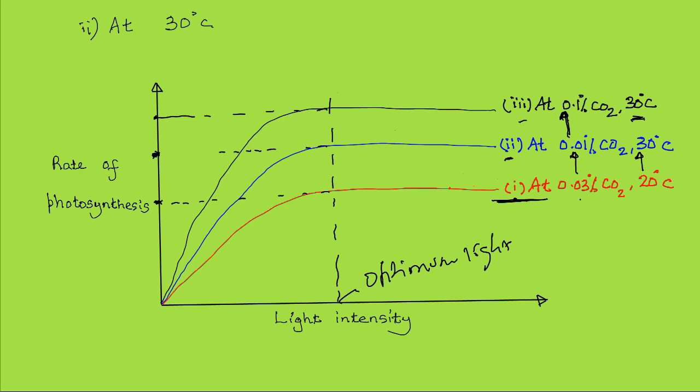But of course there's a limit as to how high we can increase the temperature, because beyond 35 the temperatures will be too high and enzymes that drive the dark stage reactions, that is the carbon dioxide fixation, would be denatured. So there's a limit to which we can increase the temperature.